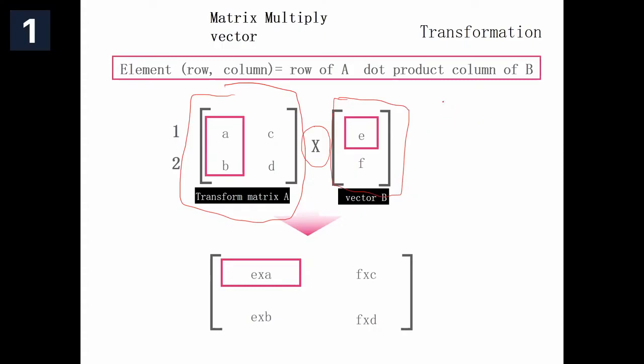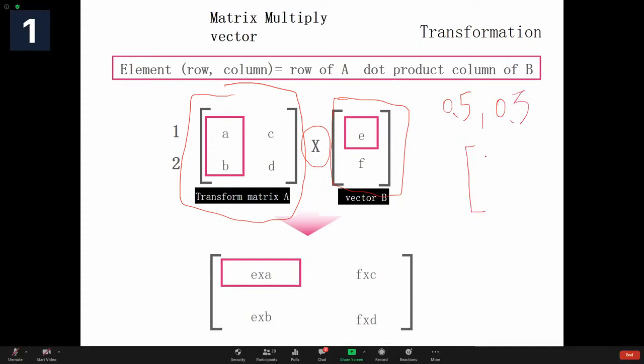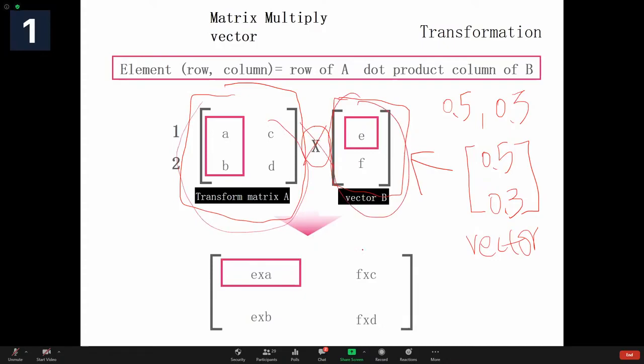For example, we have a point at 0.5 and 0.3, so the vector we can write as (0.5, 0.3). Like this. So we multiply the matrix and the vector.